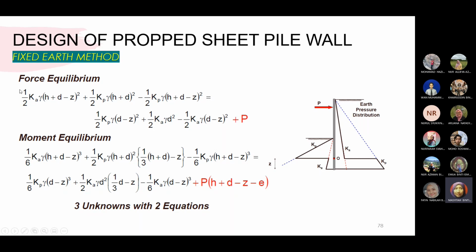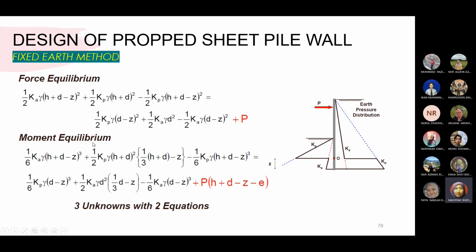So darabkan dengan setengah, dia dah tukar kepada force, dari pressure dia tukar kepada force. So ini baru satu diagram, kemudian dia masuk lagi diagram yang lain, dapatkan the effective depth untuk hasilkan pressure force. So these are the things that you can consider from the whole picture of the anchored fixed earth wall ataupun fixed earth method here.